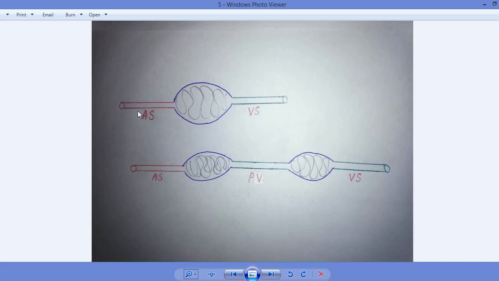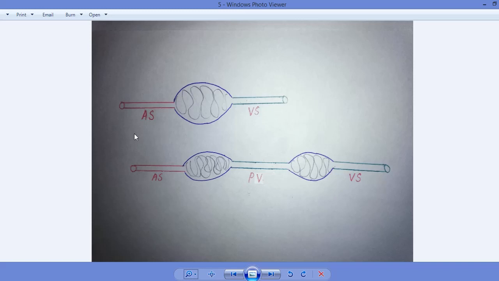But when the arterial system is connected with a bunch of capillaries, then a portal vein, then another bunch of capillaries, and then the venous system, this represents the portal system. If a bunch of capillaries comes twice inside the circulatory system, that system is called the portal system.